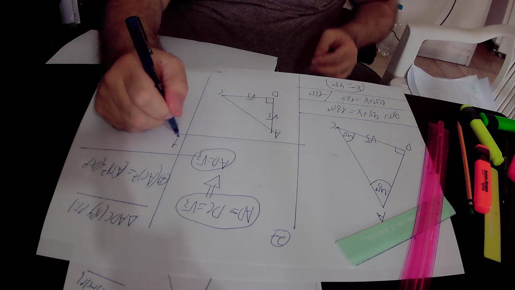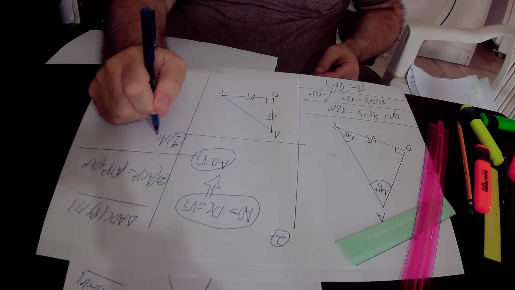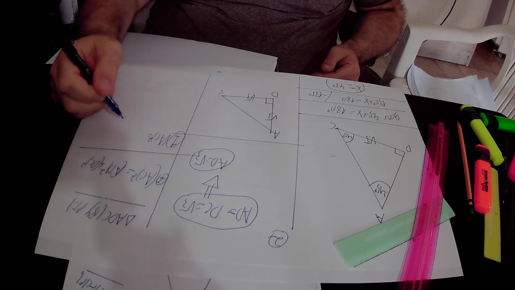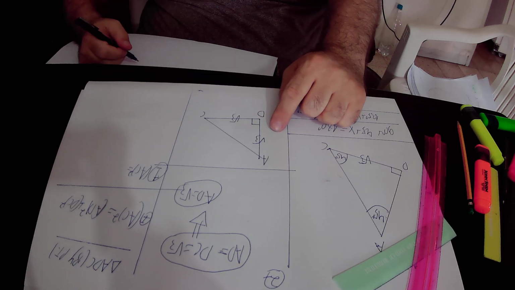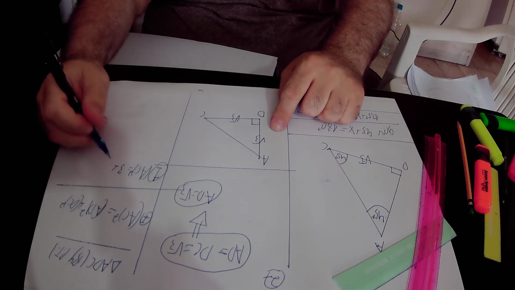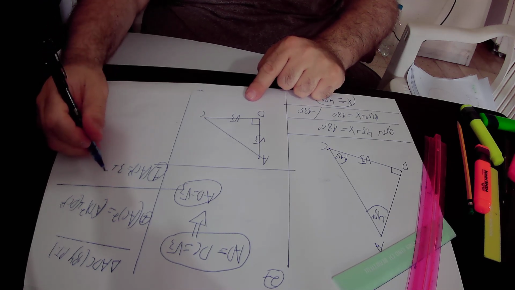So here AC squared equals AD squared. AD equals square root of 3, therefore AD squared is square root of 3 squared, that is 3, plus DC squared. DC also equals square root of 3, so square root of 3 squared is 3.